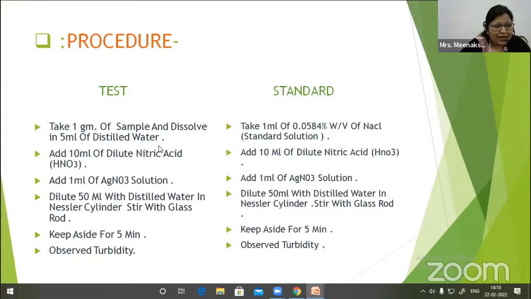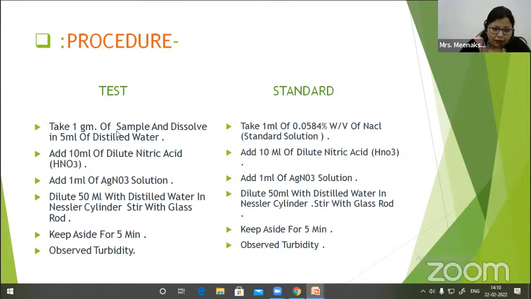Then what is the actual procedure that we follow? The procedure followed here is that we make two solutions. One is counted as a test, another counted as a standard. Test means here we have taken the sample. Sample means the compound in which we want to see how much amount of the impurities is present. So here we are carrying out the chloride test. So we take the sample in which we have to see how much chloride impurity is present.